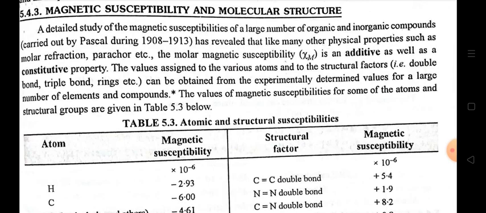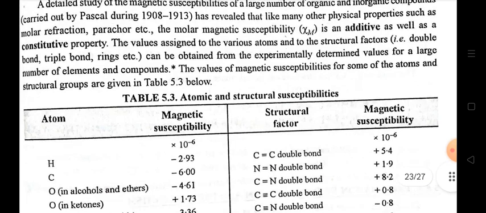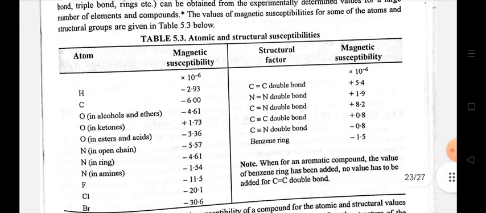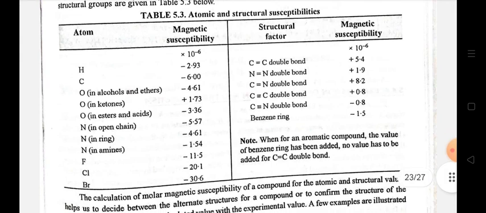The values assigned to the various atoms and to the structural factors, double bond, triple bond, ring, etc., can be obtained from the experimentally determined values for a large number of elements and compounds. The values of magnetic susceptibility for some of the atoms and structural factors are given in table 5.3 below. Table 5.3: atomic and structural susceptibilities.